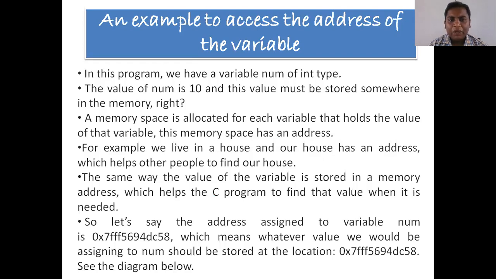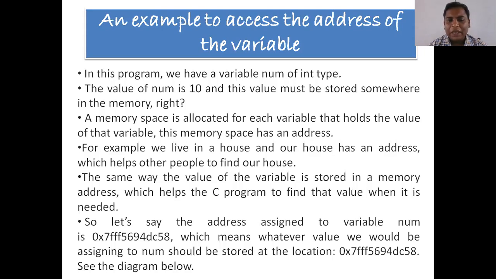For example, we live in a house and the house has an address which helps other people to find our house. In the same way, the value of the variable is stored in a memory address which helps the C program to find that value when it is needed.